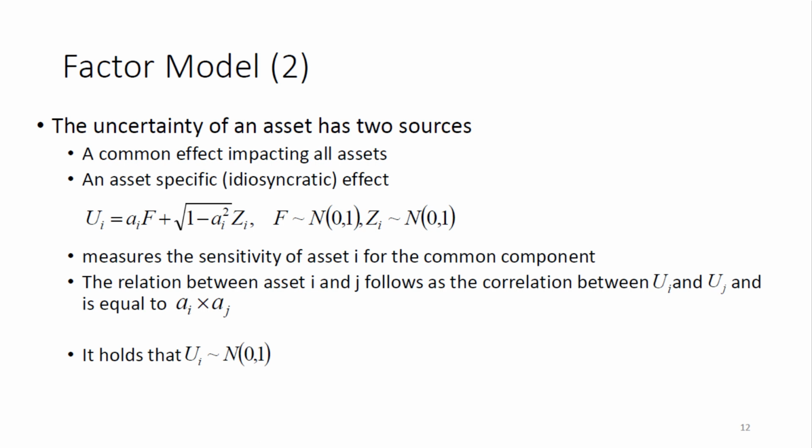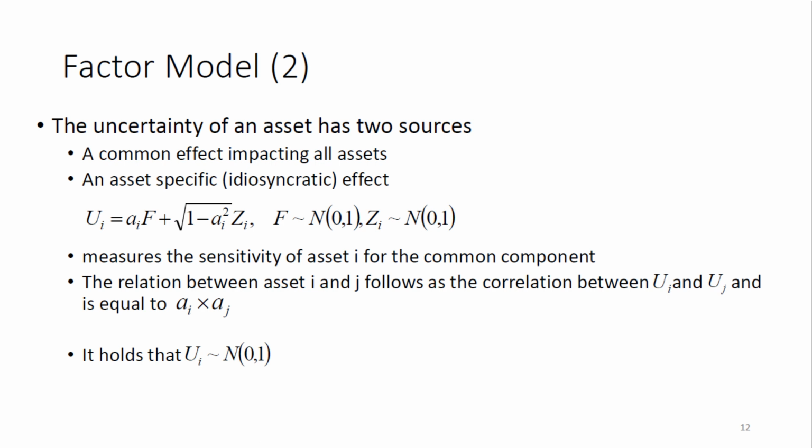So that's a common effect. And next to that, there is a second source of uncertainty, and that's specific to this asset only. Because it's specific to this asset only, and has no effect on other assets, we call it an idiosyncratic effect.